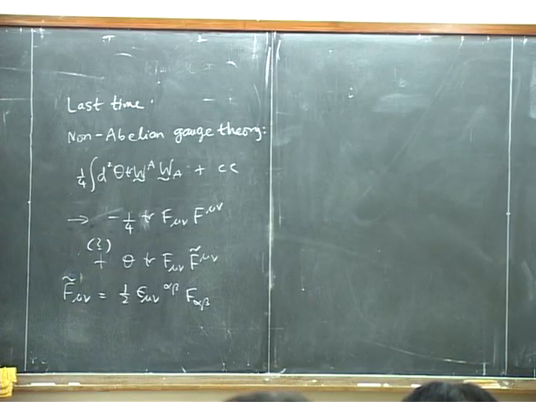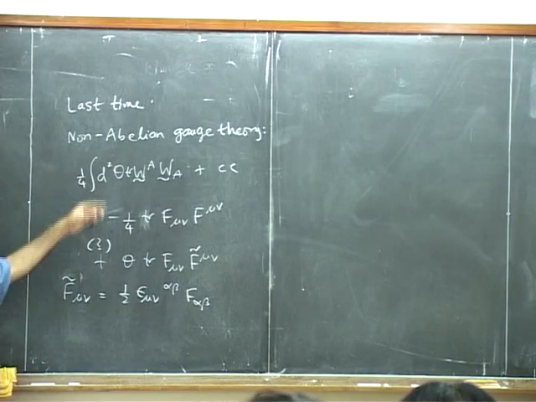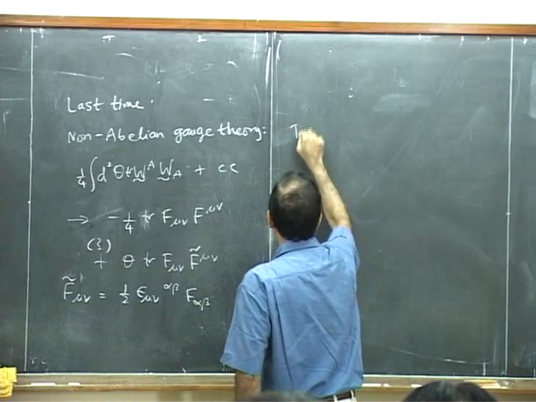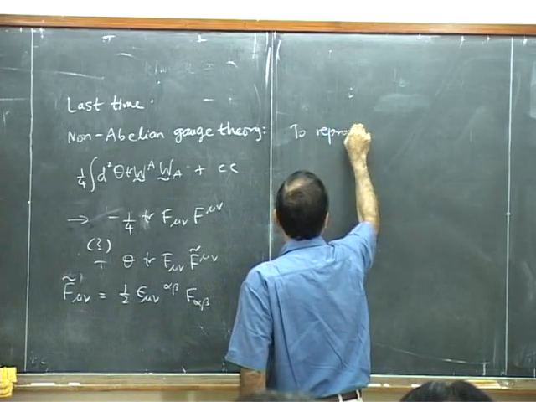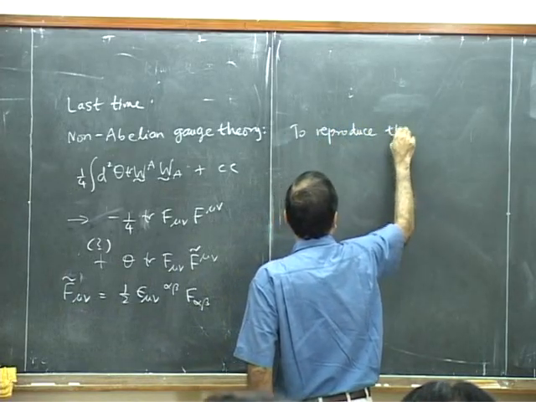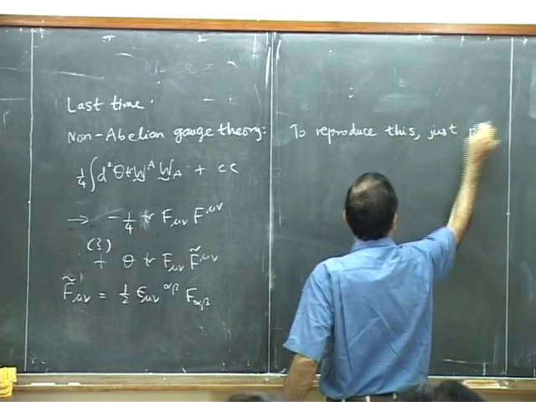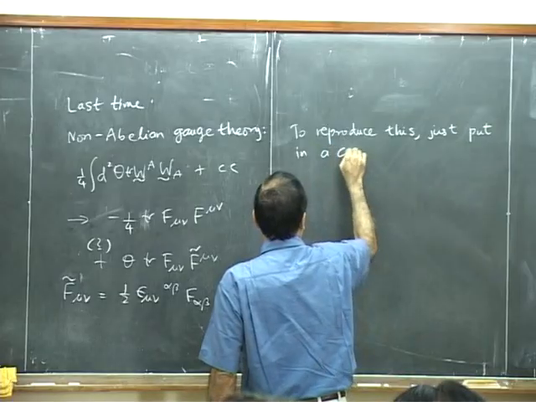So this is the question, and the answer is actually very nice, and I should have said it in fact while doing this. And the answer is to reproduce this, just put in a complex coupling.